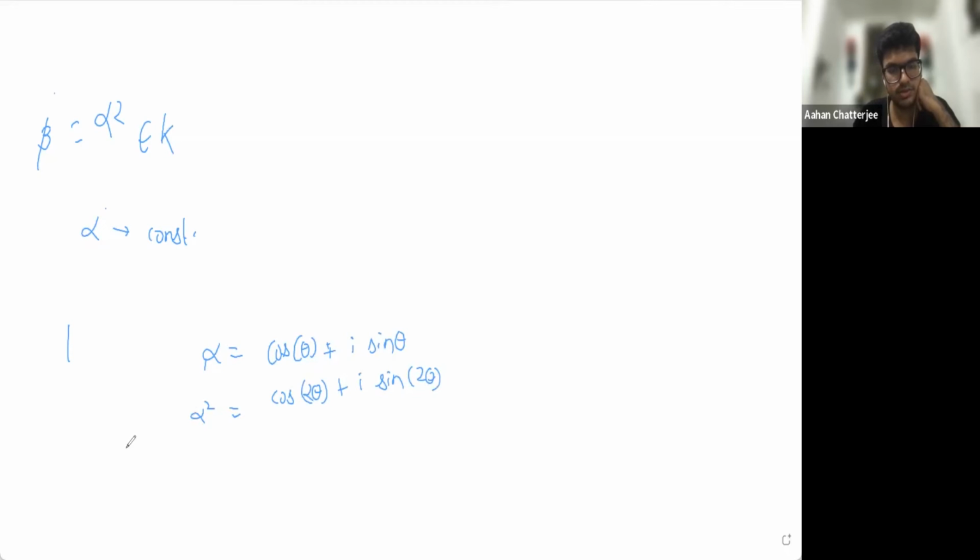And so what happens is you have that alpha squared is constructible, and so these things are constructible, and this implies that alpha is constructible as well, because you can just bisect the angles.